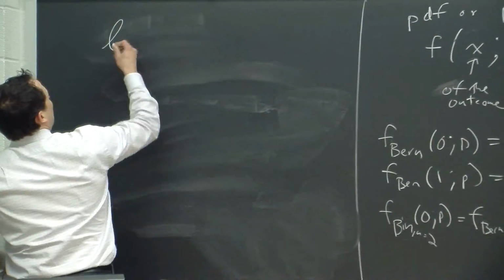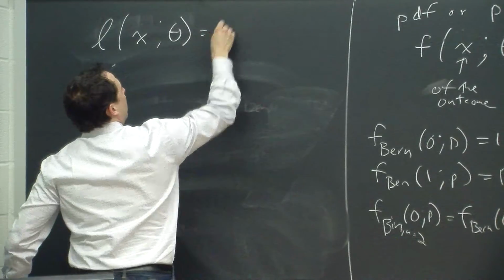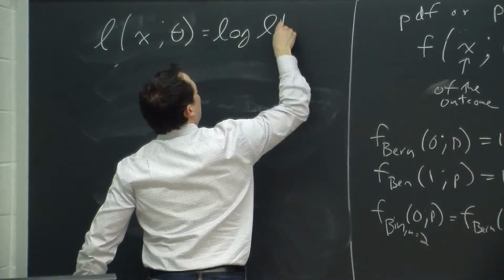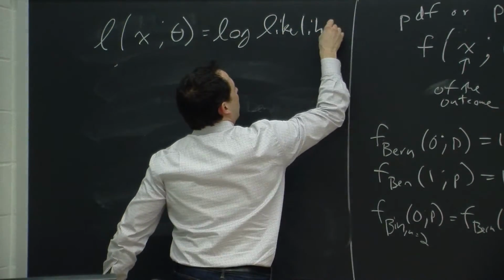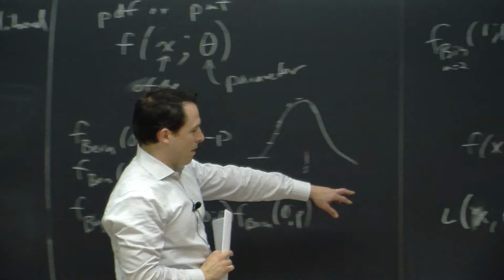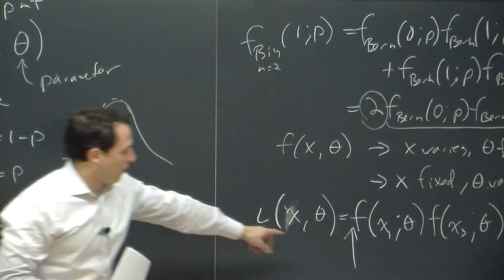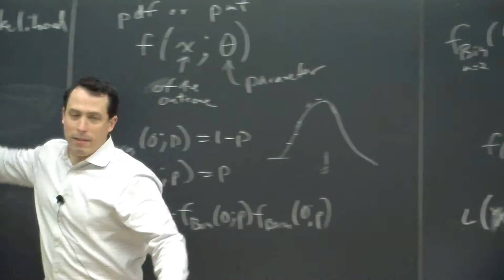Right? And usually this is written L, little l, of x theta, log likelihood. So if I'm interested in minimizing or maximizing this function as a function of theta, it doesn't matter if I remove the constant, and it doesn't matter if I take the log.